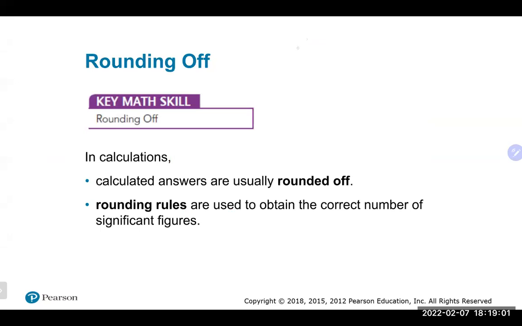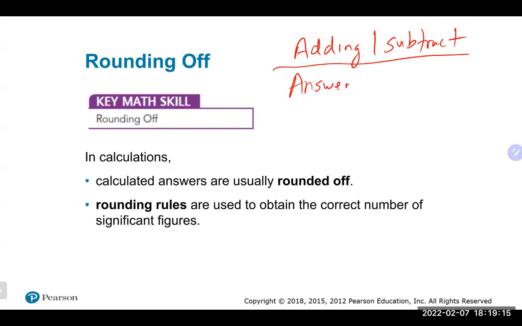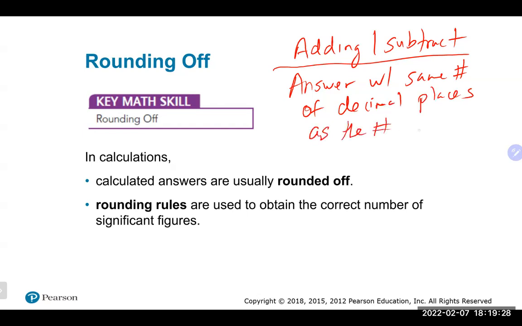The other thing that we do is adding or subtracting. When we add and subtract, the answer should end up with the same number of decimal places as the number with the least number of decimal places.